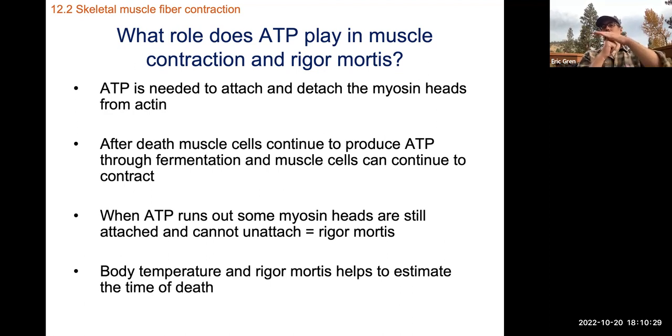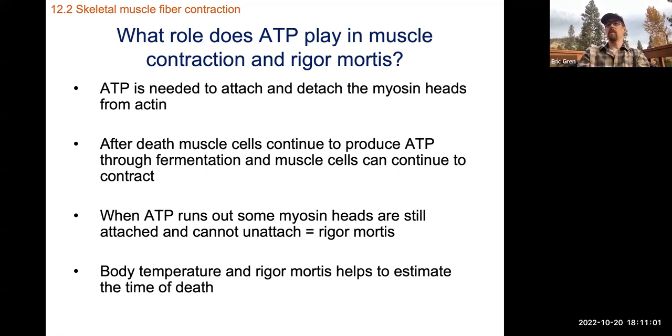So you're going to run out of ATP eventually. And any myosin heads that are still bound to actin, when you run out of ATP, they're going to stay attached to the actin. And so the muscles are continuing to contract after death. And this is that term that you might have heard if you watch crime detective shows on TV, right? Rigor mortis, right? For a certain period of time, maybe a couple of hours or so after death, the body is really tense and rigid, right?